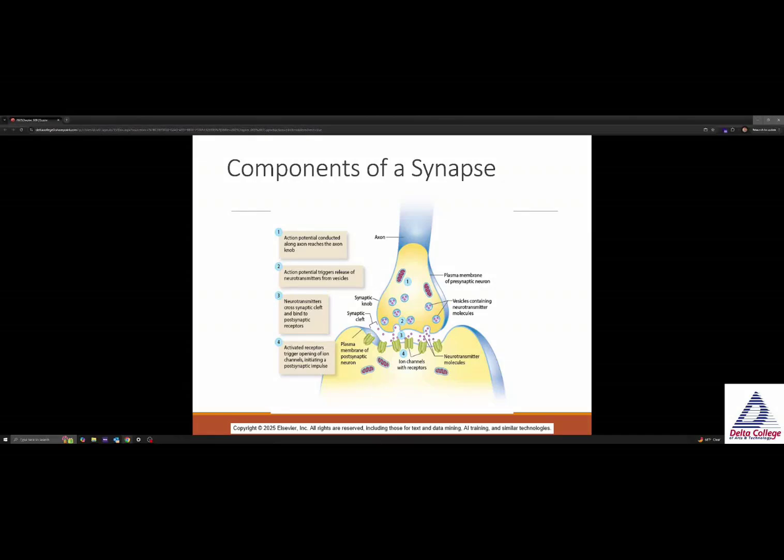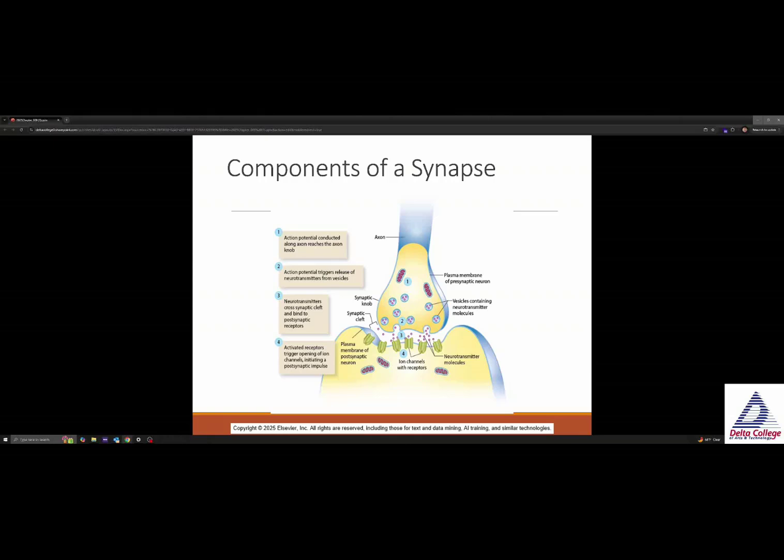Then the neurotransmitters will go across the synaptic cleft and bind to the postsynaptic receptors on the membrane. And the activated receptors trigger the opening of ion channels that initiate a postsynaptic impulse, depending on if it's pain and it's an endorphin neurotransmitter or if it's dopamine, serotonin.